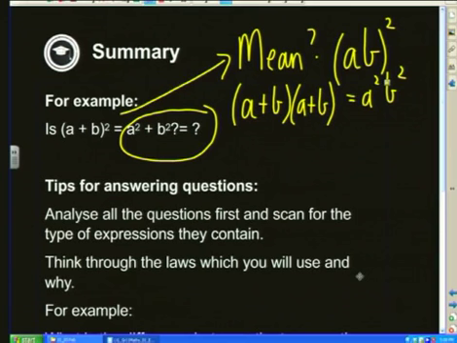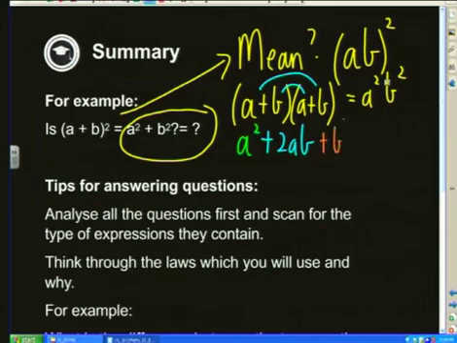So when we square them, we actually have the firsts, which is a squared. Then we have the middle term, which is ab, and we've got another ab. So we've actually got 2ab. And then we've got the lasts, which is the b squared. So we've got the sum of two terms and we're squaring it. We actually land up with a squared plus 2ab plus b squared.